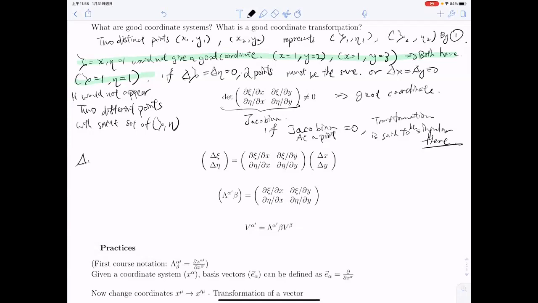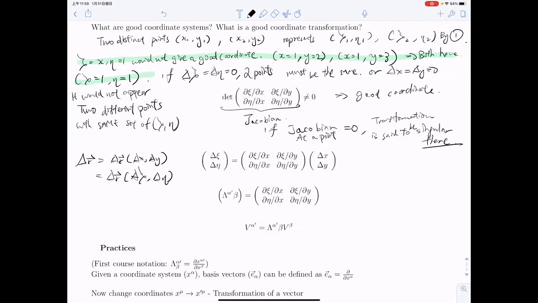Let us define a vector. An arrow can be represented by delta x and delta y, or even polar coordinates as you wish, or in general delta xi and delta eta. You can see a vector can be represented by different coordinate systems. Why do I say so?